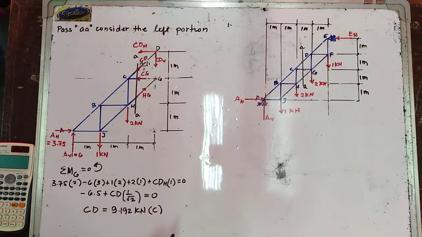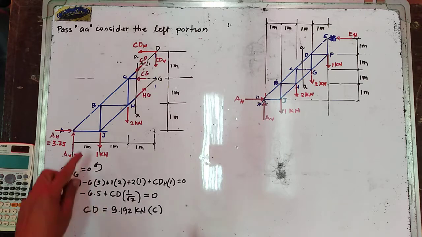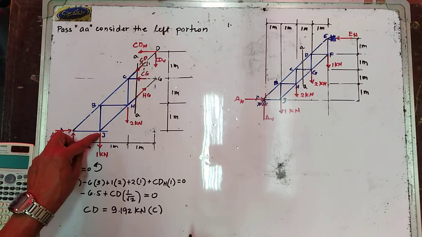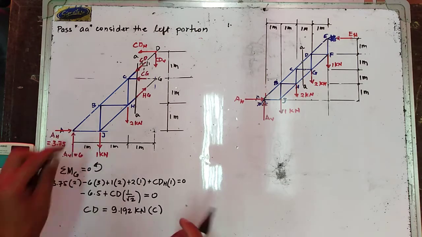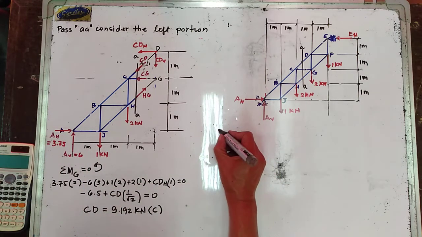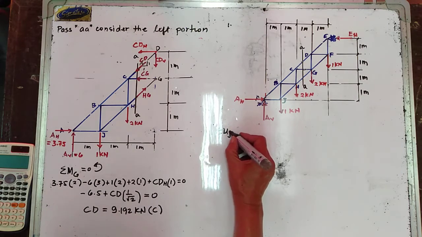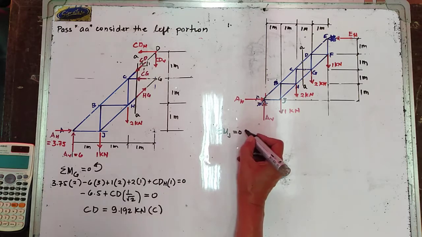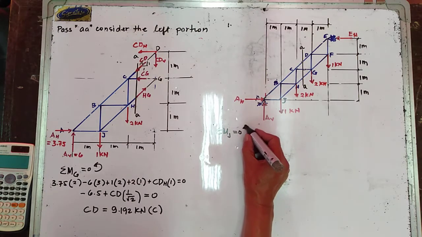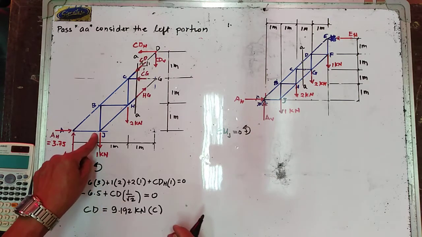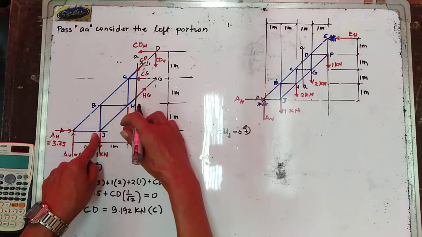So, next, let us try to take summation of moment about point J is equal to 0. So this time, I am going to consider counterclockwise moment positive. So this is our moment center. A horizontal has no moment.